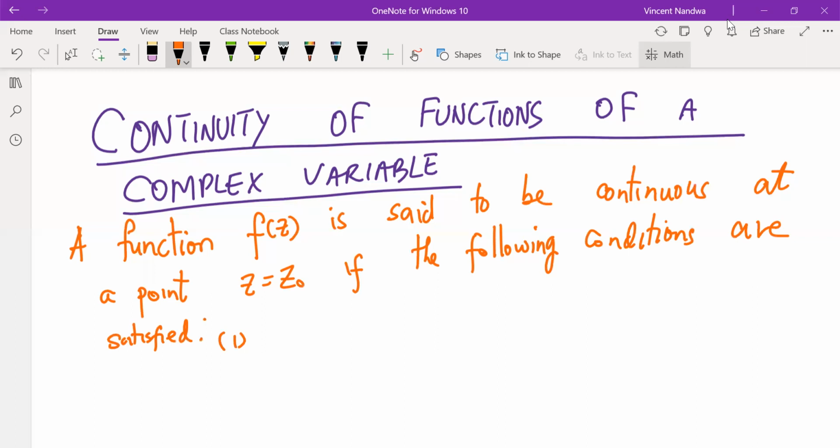The first one: the value of f of z naught exists.